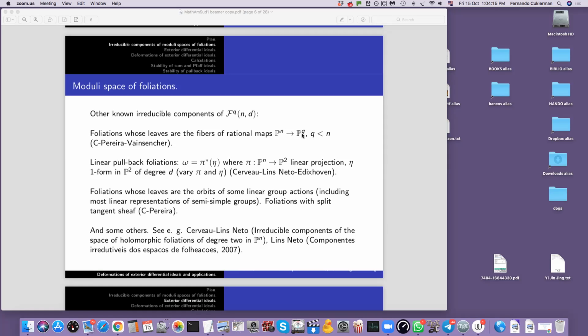The inverse images of a point in Pq, these varieties form a foliation of Pn. These are the fibers of this rational map, okay?